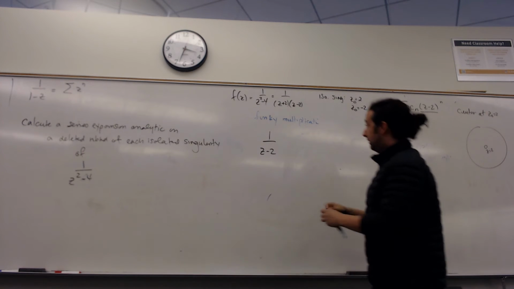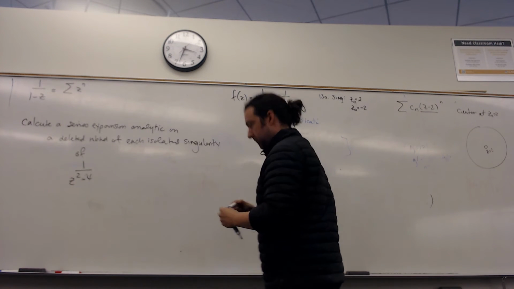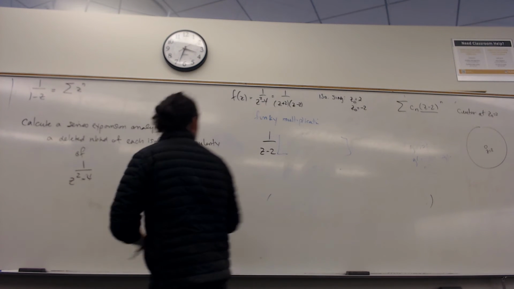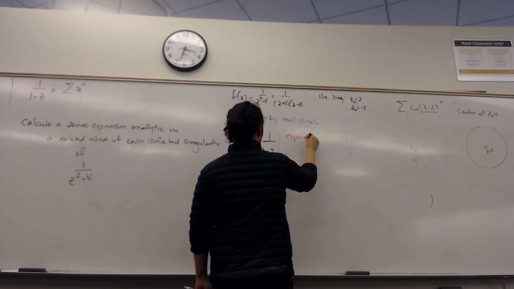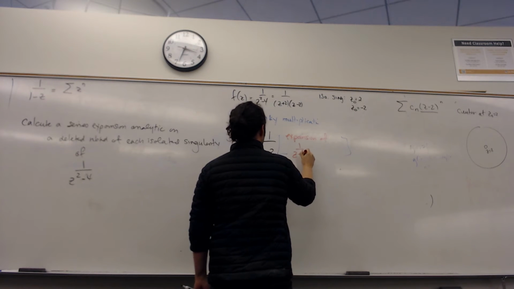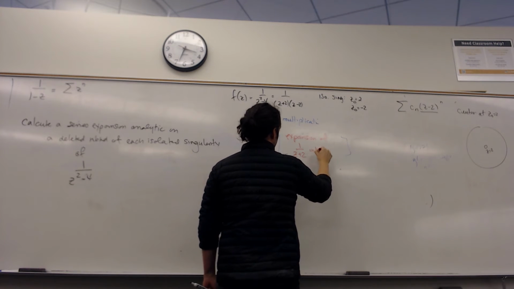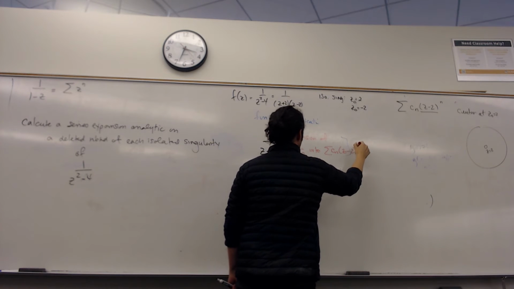So now what I want to do is multiply this by an expansion of 1 over z plus 2 into the form c n times z minus 2 to the n.